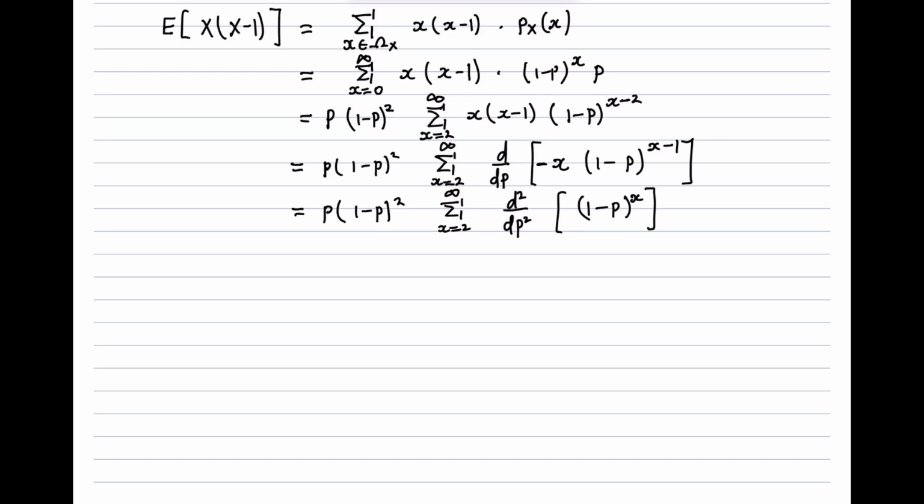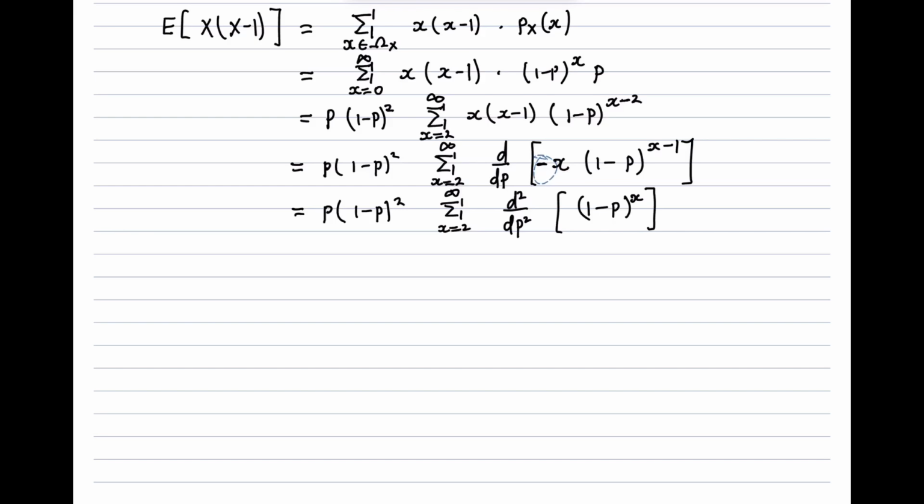And again, satisfy yourself that this is true. When you've got an x, what do we do? We take the x down the front, which is why you have the x. Your new power becomes x minus 1. And of course, when you differentiate this, you get a negative from the inner function, and so you have to bring out a negative out the front using the chain rule, which is why you have a negative there.